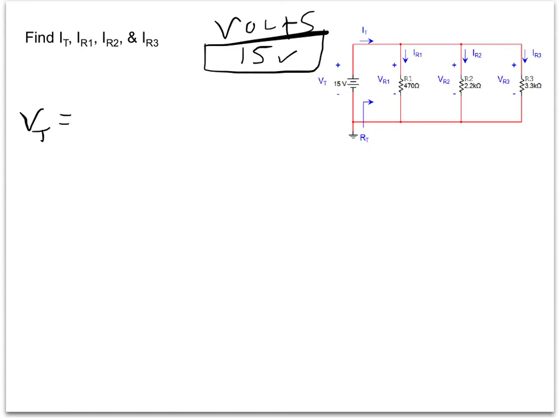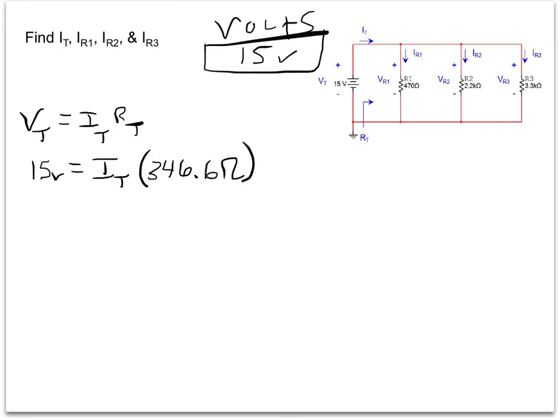Volts equals current times resistance. I'm doing totals first, so my subscript is total. The volts we know is 15. The current we do not know. The resistance we found on the previous question on the same problem was 346.6 ohms.